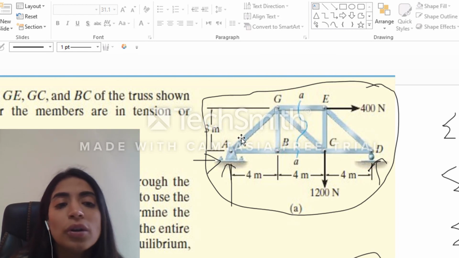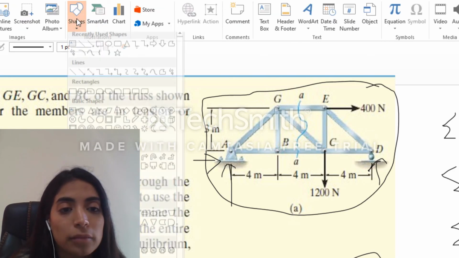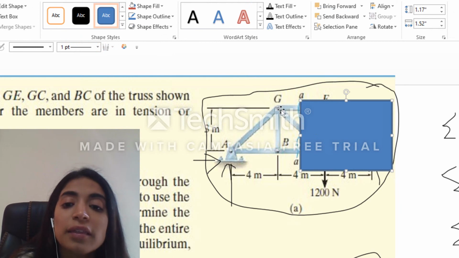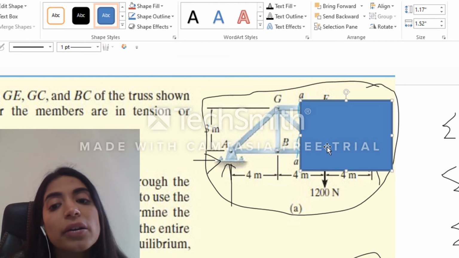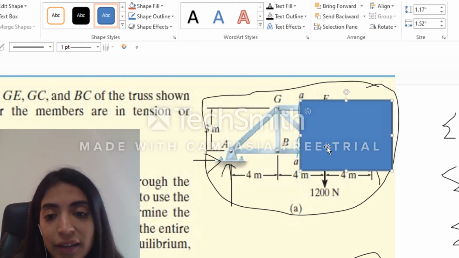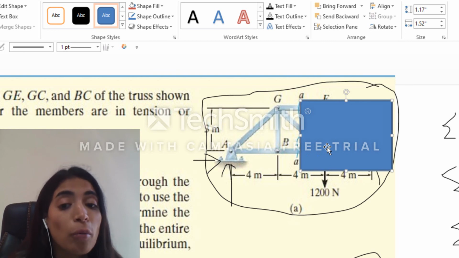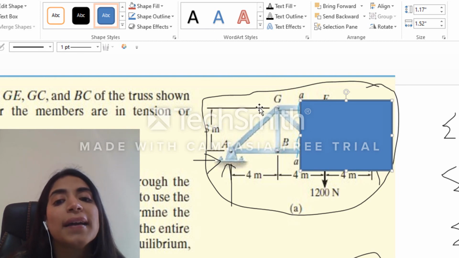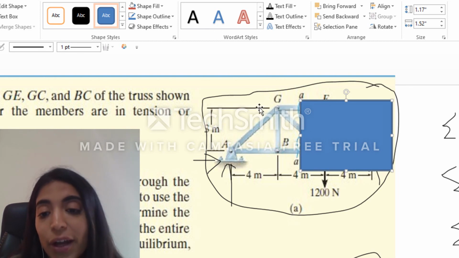So even if you're not seeing C, but you know that these two forces are concurrent at the point C, you can take the sum of moments around C, and then you can get rid from these two forces and find the force directly inside the GF.